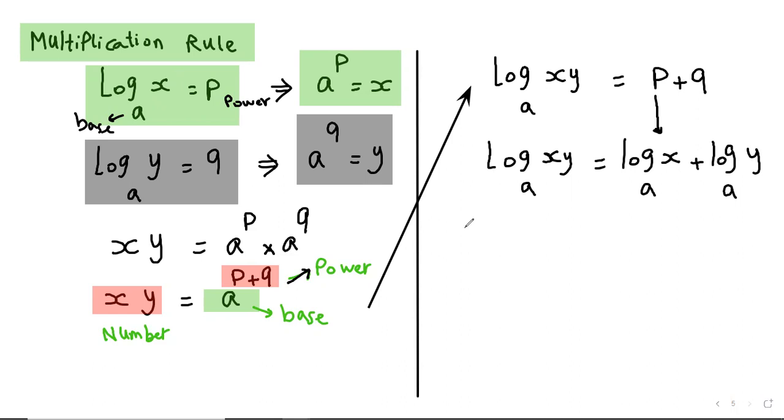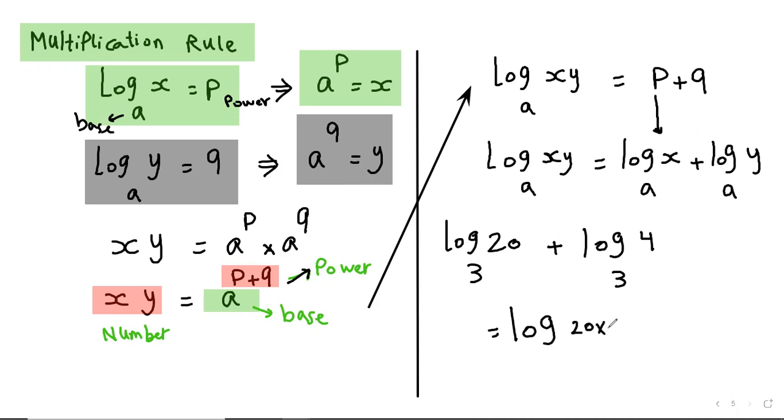So, an example about that. If we have log 20 to the base 3 plus log 4 in the base 3, we can write it as log of 20 times 4 in the base 3. So it's log 80 in the base 3.